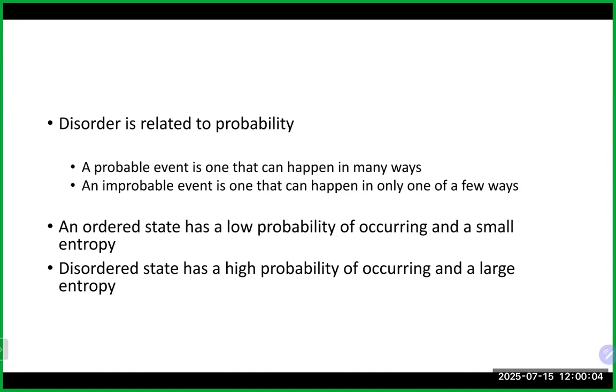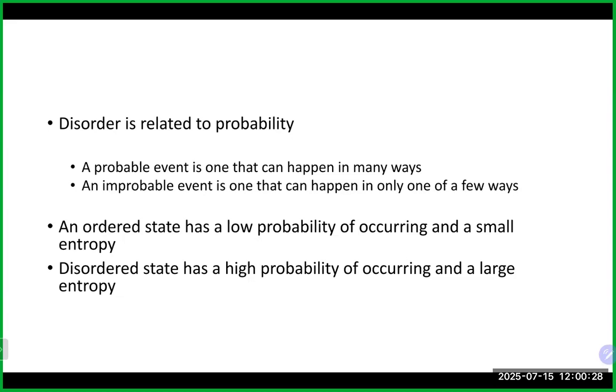So, for example, if we were in this room and we needed to escape, it is pretty probable we could get out because there are multiple doors. If we were in this room and we needed to escape and there were no doors, just one small window up there on the top of the ceiling, that's probably more of an improbable event for everybody to get out because there's only one way to escape this particular room.